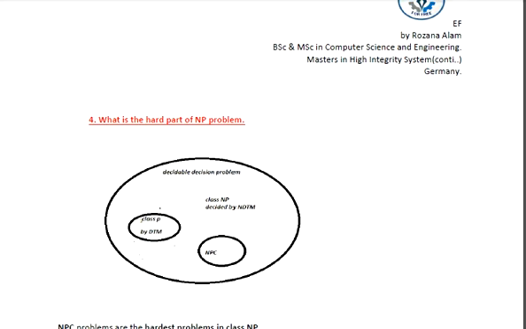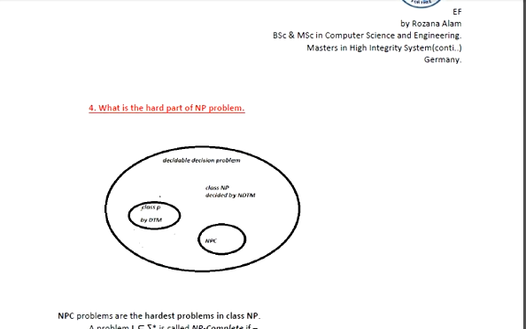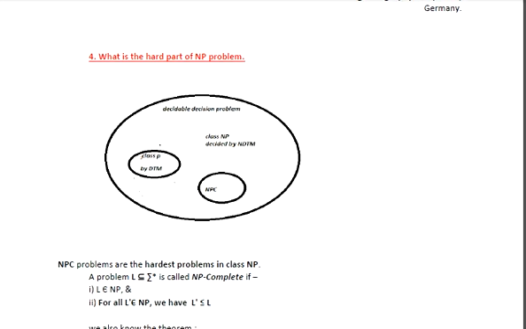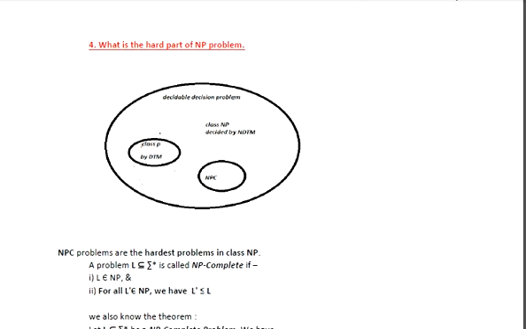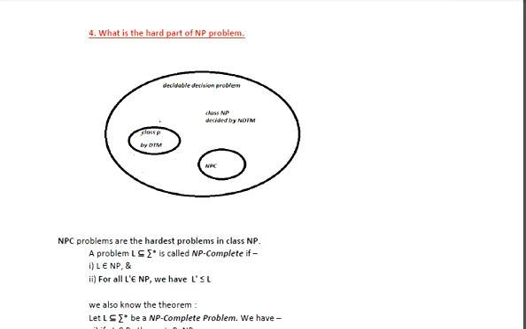So let's see what the hard part of NP complete is. This is a very important and interesting problem. First, let's consider a set which contains the decidable decision problems. In this set we have a class called NP, meaning the problems in class NP can be decided by a non-deterministic Turing machine in polynomial time.